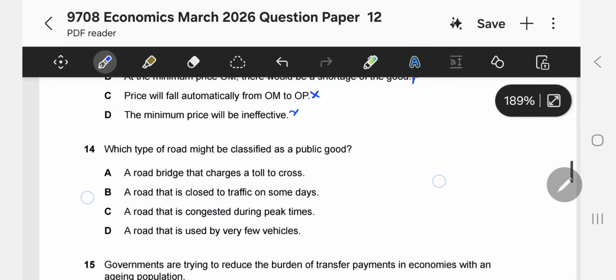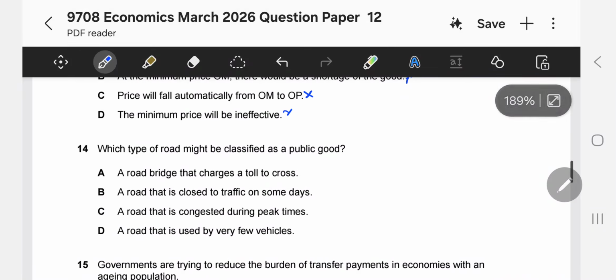Let me try to make it a little bit bigger. Which type of road must be classified as a public good? Oh, this is a tough one. A road bridge that charges tolls: if there's a charge, then that one is not true. A road that is closed: no, that's exclusion.